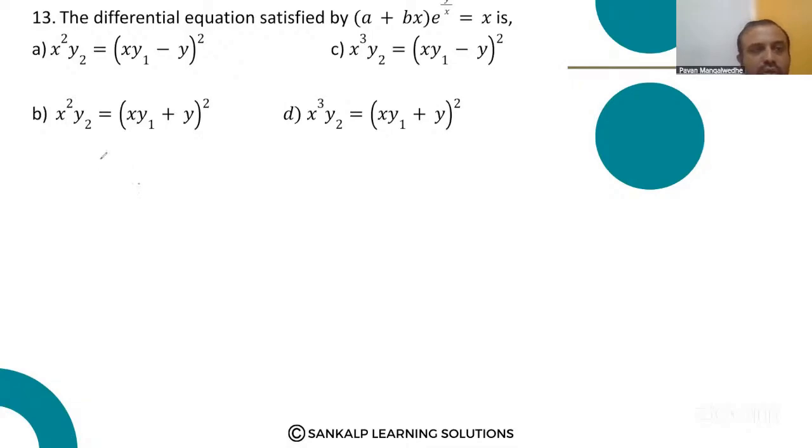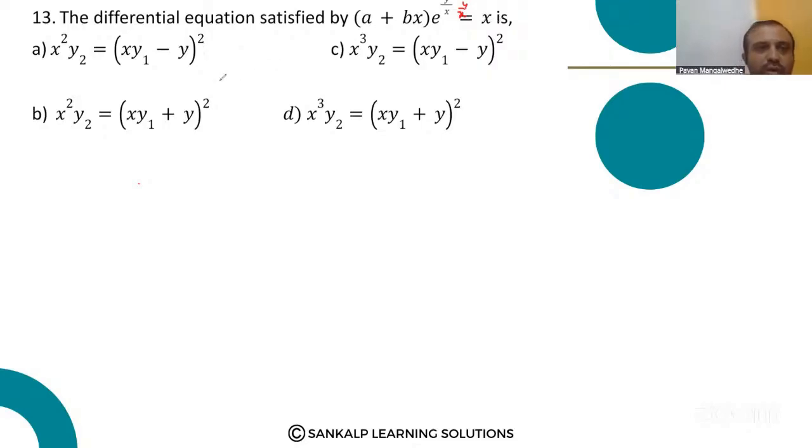That is the next question. The differential equation satisfied by a plus bx, the whole into e raised to y by x, it is. Okay, just remember this. It is y by x, which is equal to x.